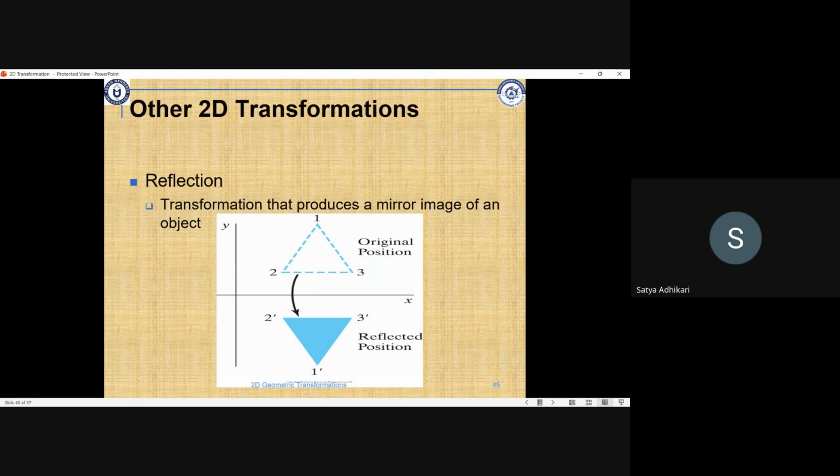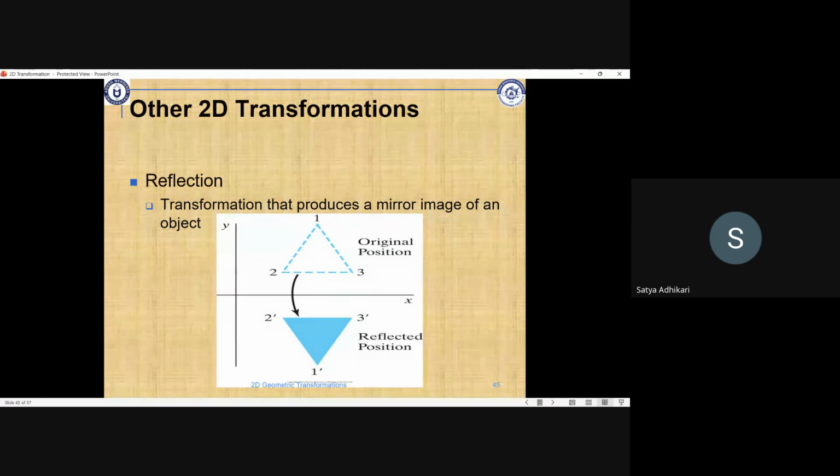That is, you keep the mirror on the x-axis. So this is a reflection about the x-axis. I can tell I did the reflection operation about the x-axis.